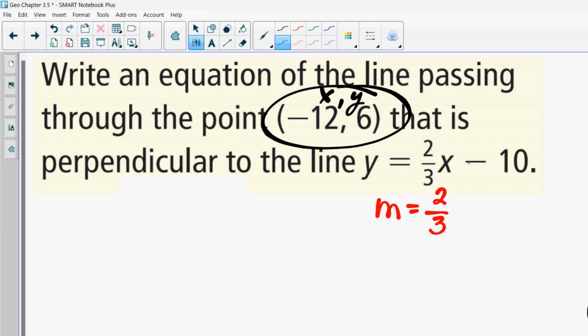Times 3. So it would be negative, because since it was minus negative 12, the negative and negative there would make a positive. And we multiply it by a negative, it goes back negative. Yeah, a lot of sign changes.